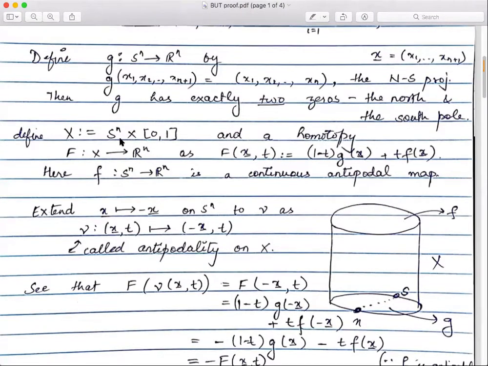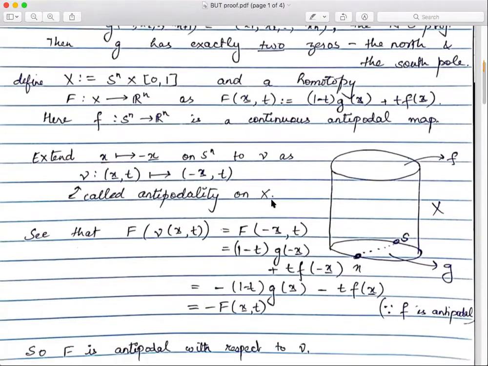Now consider a cylinder over Sn, which means you take the space Sn and take the product with the closed interval [0, 1], and we define a homotopy F from this Sn cross [0, 1] to Rn such that on the bottom sphere it is defined as g(x), on the top sphere it is defined as f(x), and since this is going to be a continuous space, you have this as a valid map.